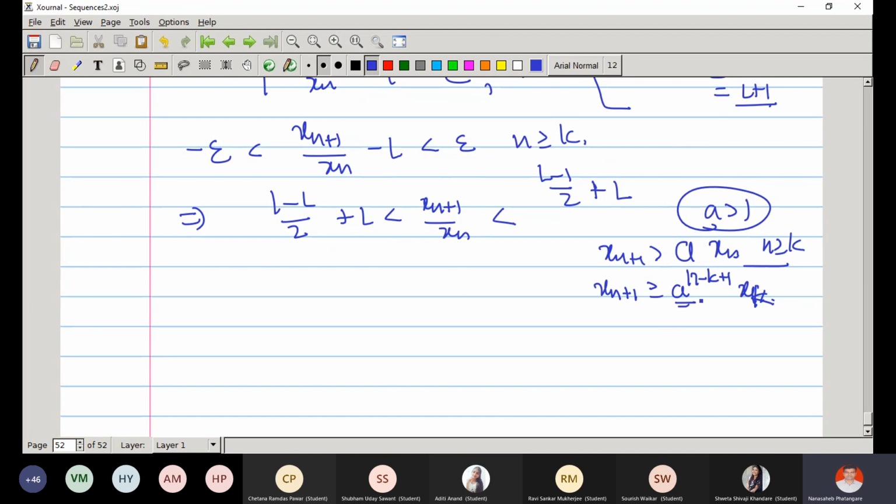And as a is greater than 1, as n tends to infinity, a raised to n minus k plus 1 tends to infinity, therefore xn tends to infinity. This is actually the point. But you just simplify the calculation and see.